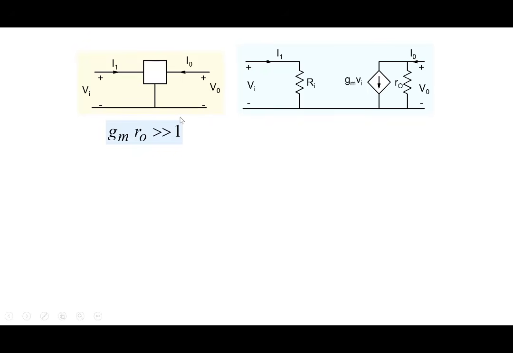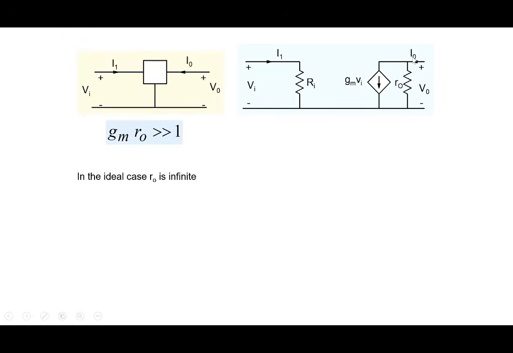All right, so let's proceed with this kind of device. Let's assume that we have a device with GM times R0 much, much larger than 1. In the ideal case, if you're thinking of an ideal amplifying transistor, then what we would like is that R0 is infinite.